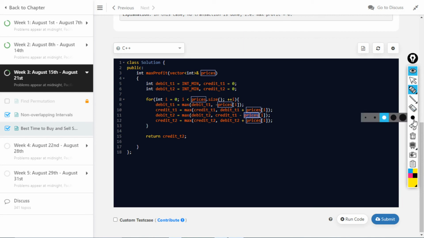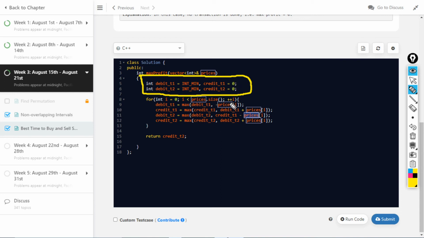Let's first see what I have done in the question. As I have explained, I have initialized the 4 variables here: INT_MIN, which will be the maximum negative value, for debit 1, debit 2, credit 1, and credit 2.